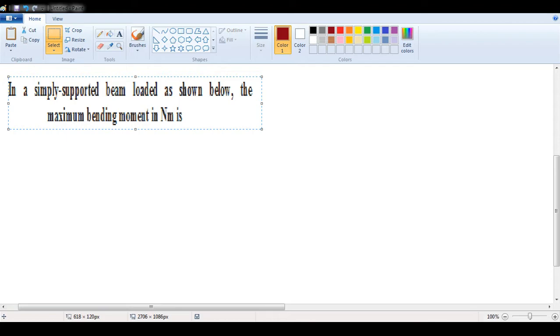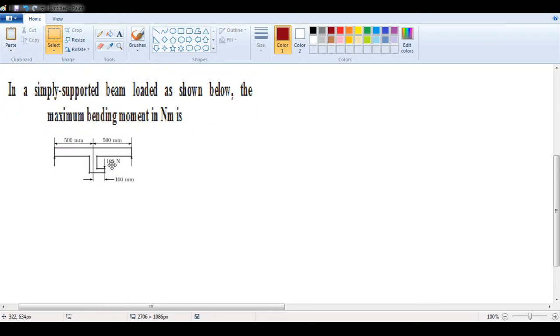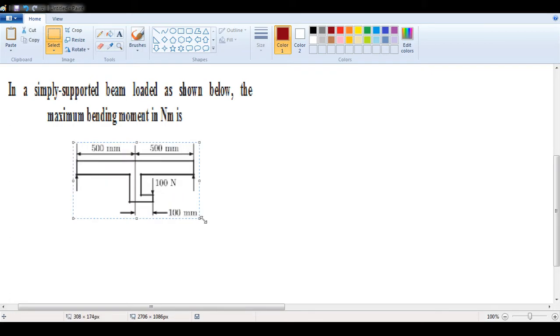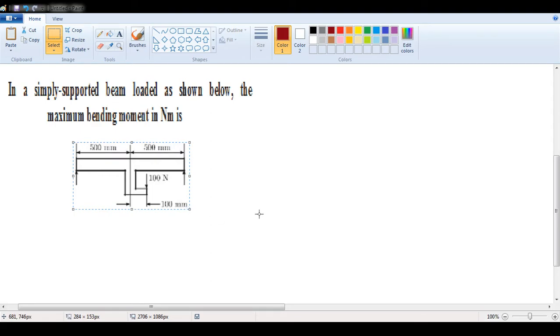Okay, and the diagram is this. I hope this is visible to all. So this is the diagram.